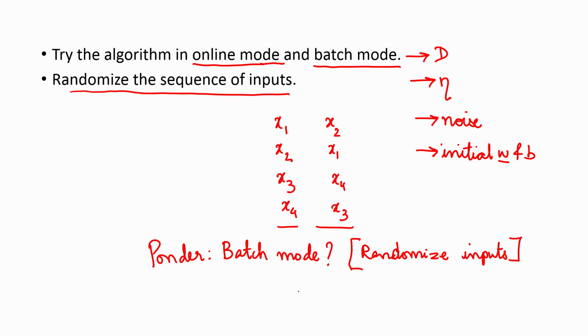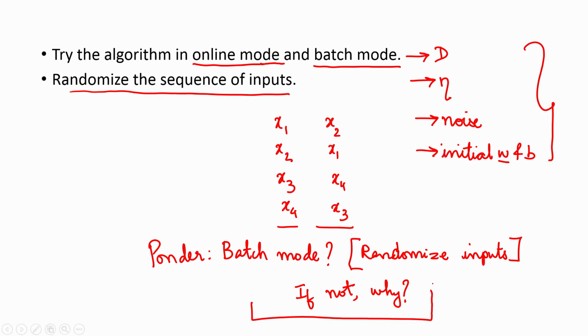If not, why? Trying out all these would give you more insights on the batch mode and online mode of the perceptron algorithm, and it will make you more comfortable with this algorithm. So, we encourage you to try out all these.